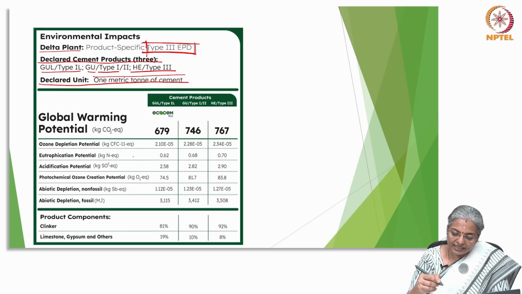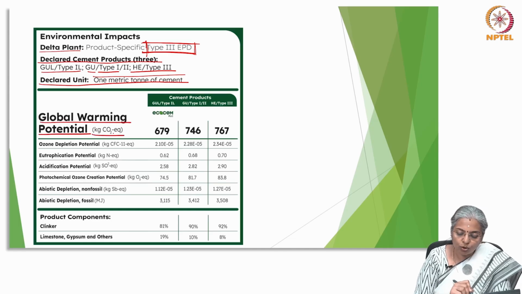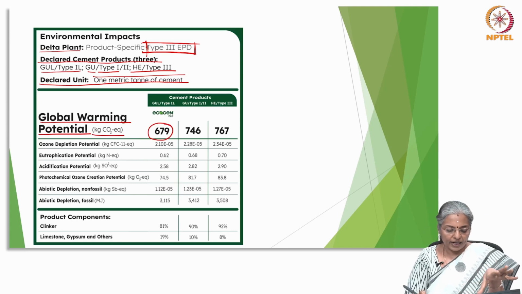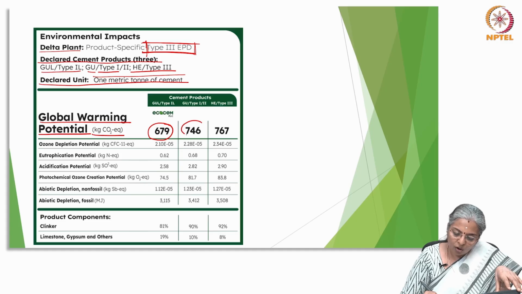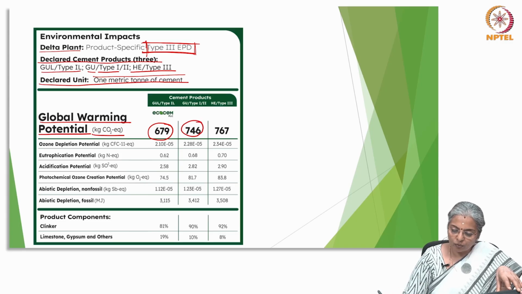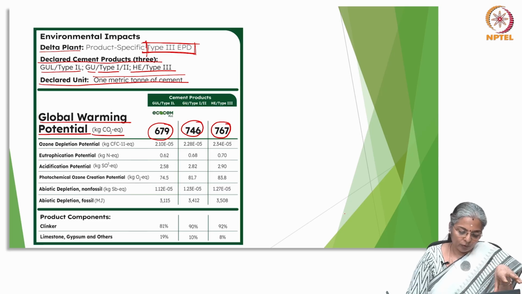Now, what all is it giving? It is giving the global warming potential in kg CO2 equivalent. For type 1L, the global warming potential is 679 kg carbon dioxide equivalent. For type 1 or type 2, it is 746 kg carbon dioxide equivalent, and type 3 it is 767 kg carbon dioxide equivalent.